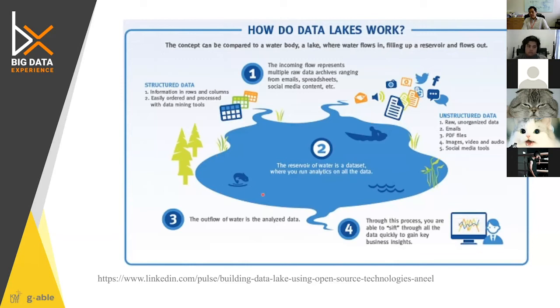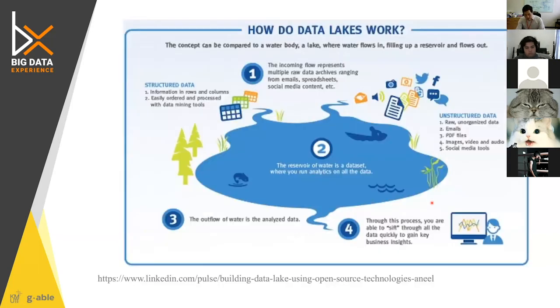And from this data lake, we can create an outflow, let's say this is the result of data analytics. This small stream can be consumed and used by business users to perform the tasks that they need. Okay, this is the concept of a data lake.